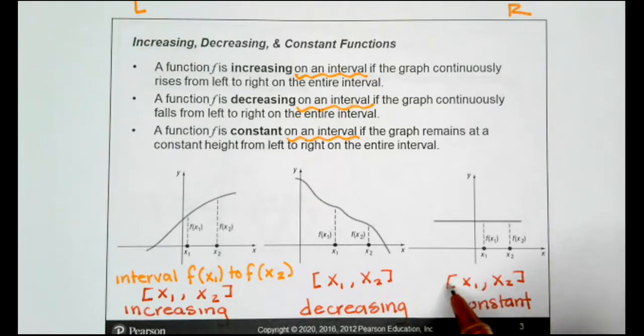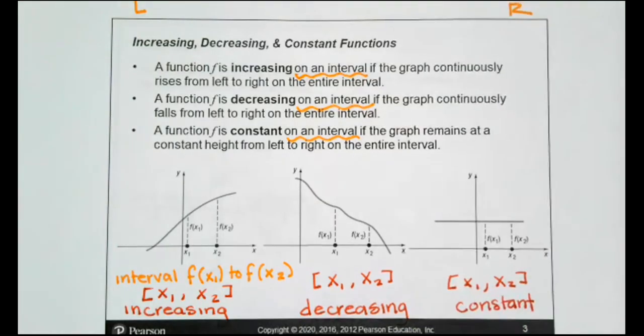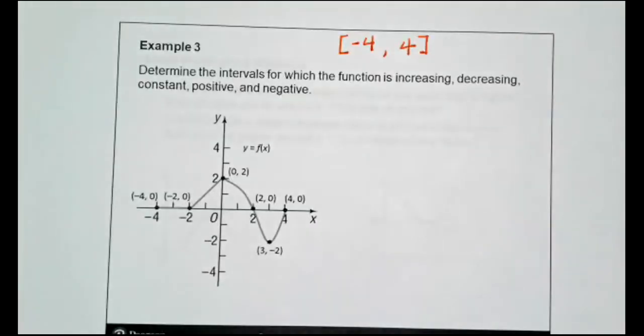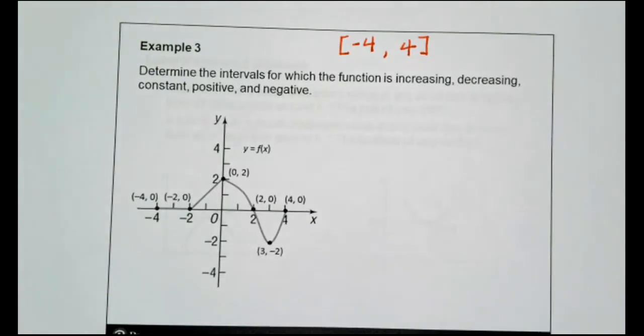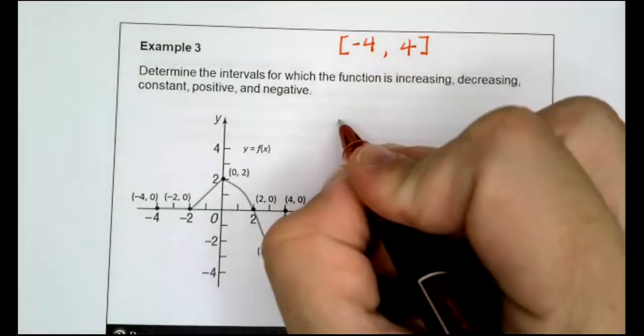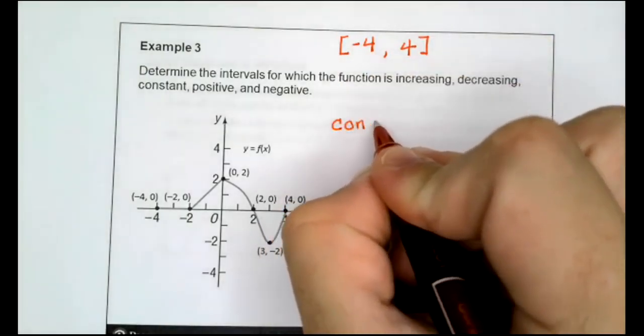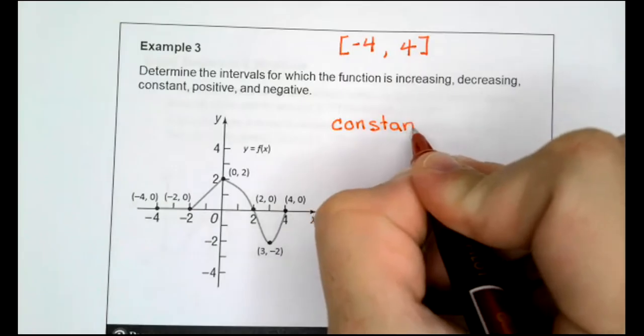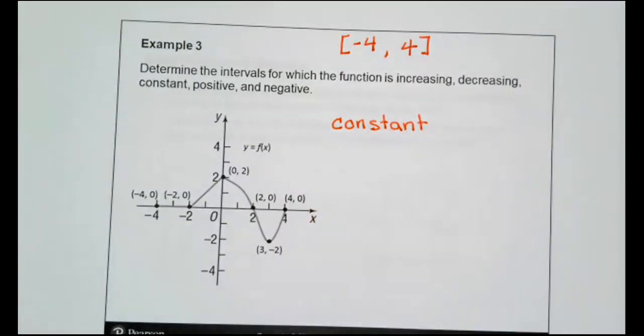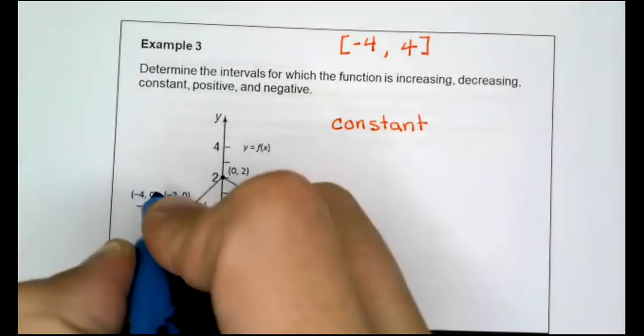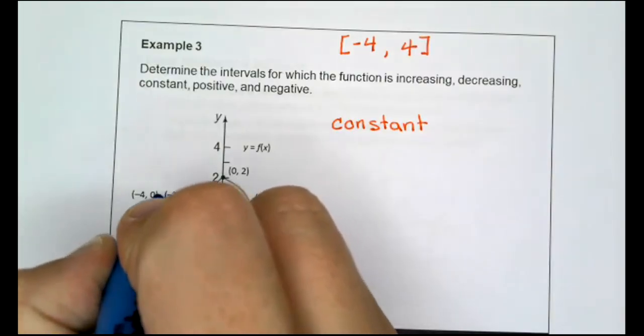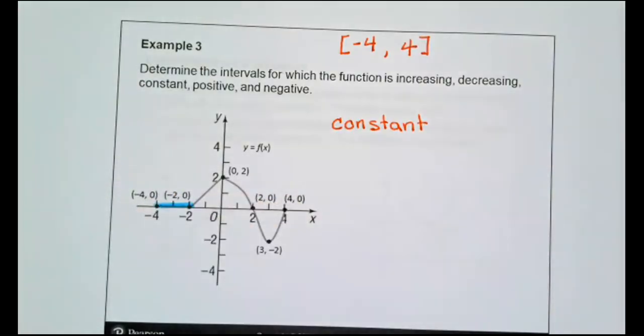We are only interested in labeling the x. We describe it using the x, okay? So we're labeling the intervals by looking to the x-axis. When is it constant? And that is hard to tell because, again, I didn't color my line. Here, it is constant.